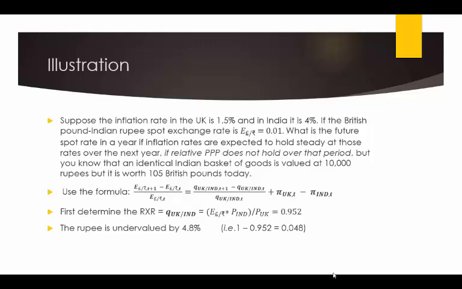We can now add to this the inflation differential between the UK and India, which is negative 2.5%, and we get negative 1.7%. So the pound is expected to appreciate by 1.7% against the rupee. And so in a year, the pound-rupee exchange rate is forecast to be 0.00983.